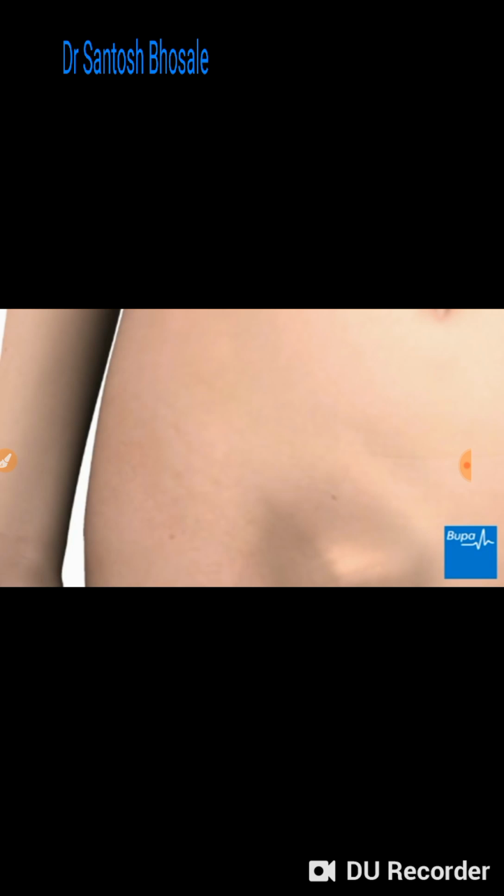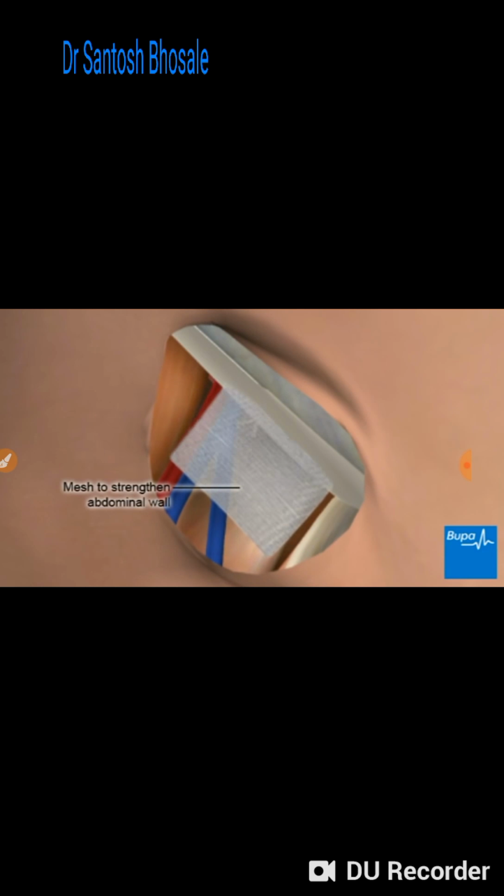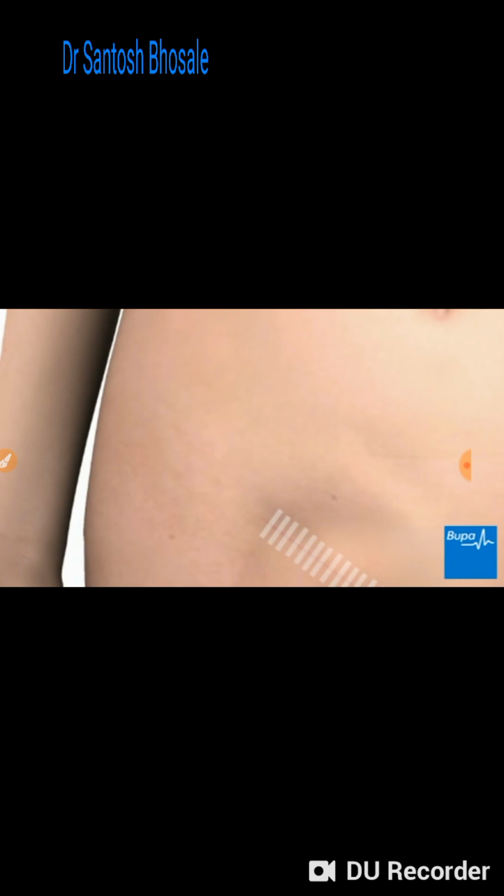So here, before surgery, the surgeon will take an incision along the inguinal ligament, because the inguinal ligament forms the anterior boundary of this femoral ring or canal, and they will reduce the hernia and put a mesh to strengthen the abdominal wall, and it is closed by steri strips.